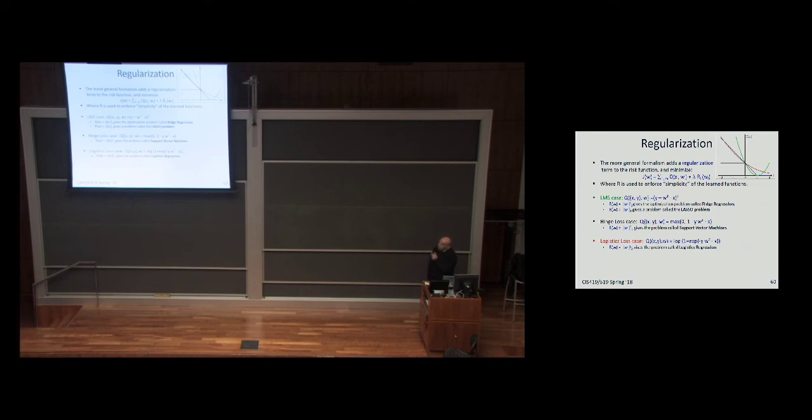So this product is positive if and only if you did not make a mistake. Otherwise, it's negative. And so this is a compact way of writing the behavior that you want.